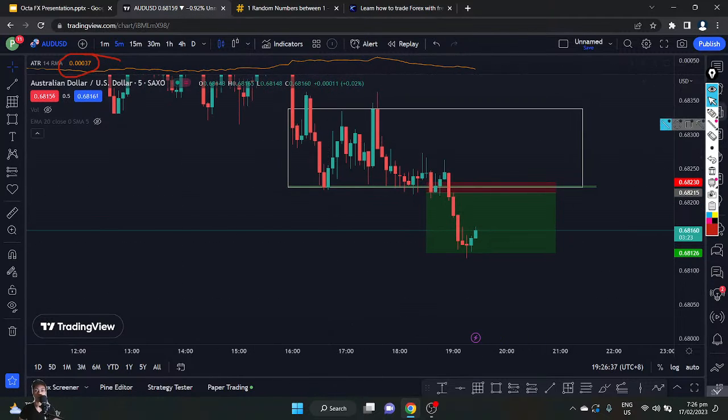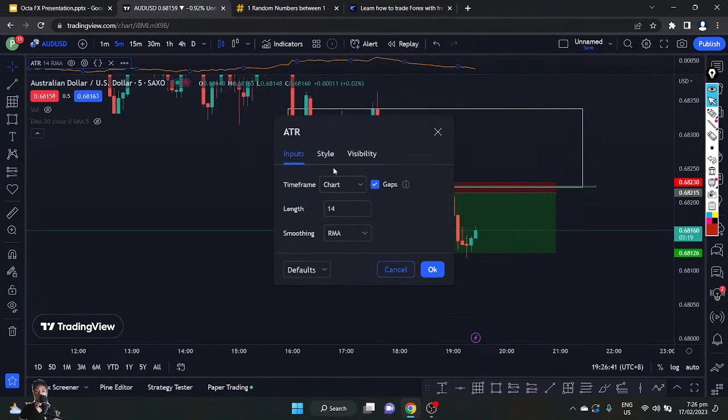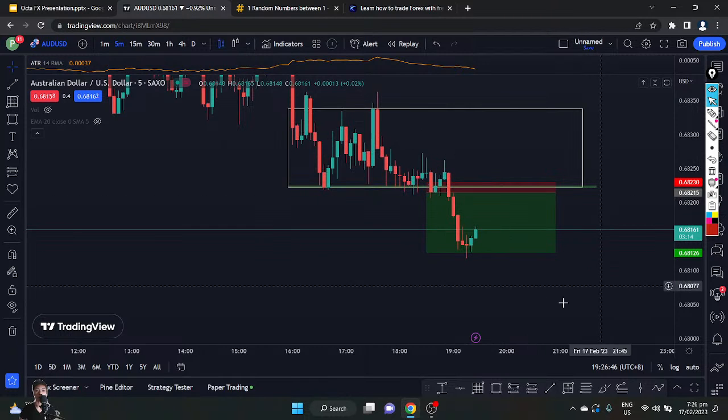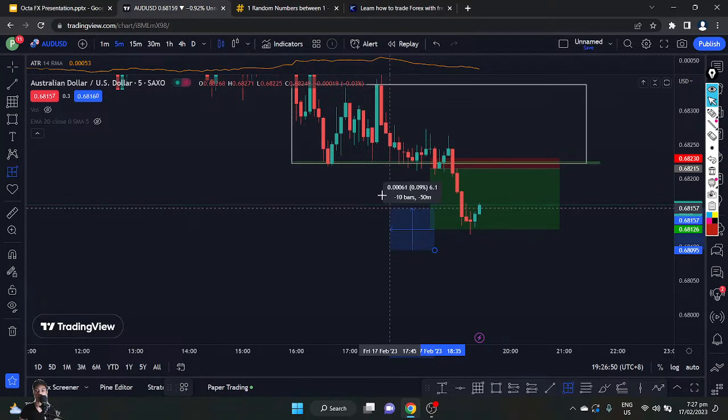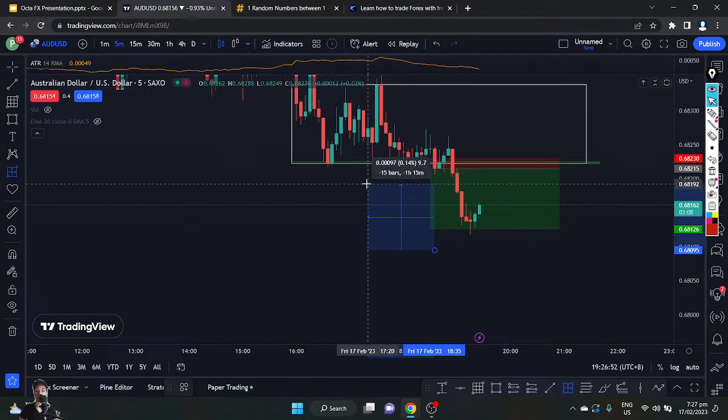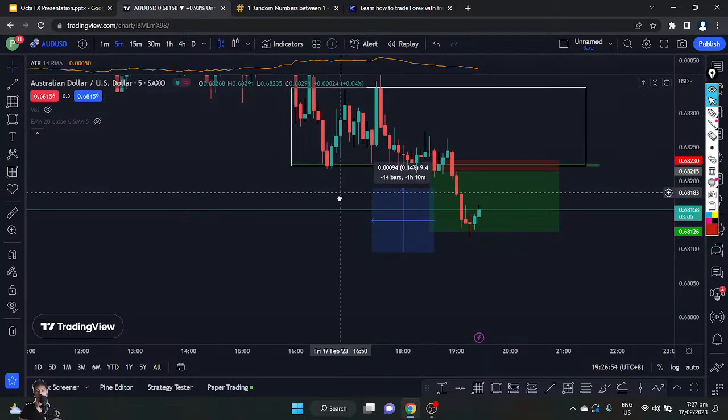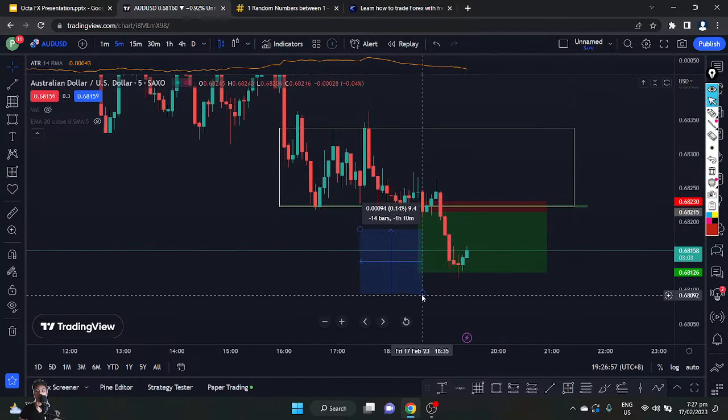So the settings for this ATR is just the default setting. So let's see. We have a 14 length right here. So what that means is that the ATR will calculate the last 14 candles for this market or for this pair.